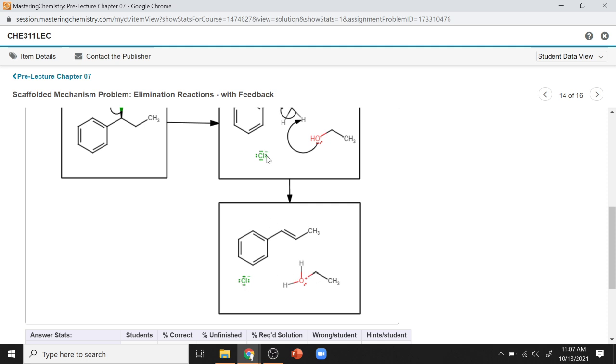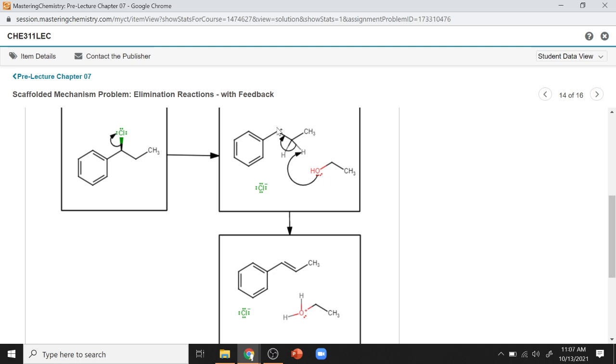We still have our chloride, don't forget, it doesn't go anywhere. It's just floating around. And then we have a double bond between these two carbons. And again, we couldn't have done it the other way because it already had its 4 bonds, right? It didn't have a hydrogen to eliminate.